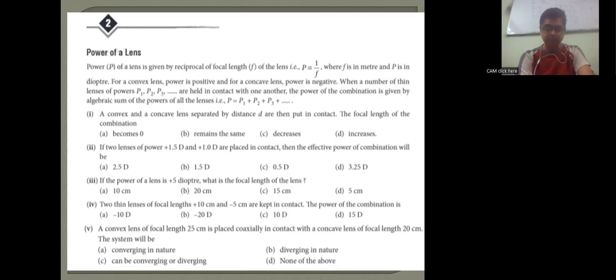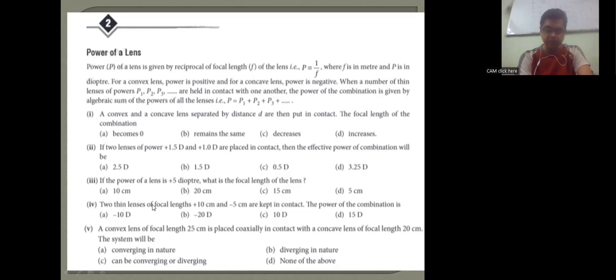आंसर्स कर सकते हैं। A convex and a concave lens separated by a distance d are then put in contact. The focal length of the combination will be. Second, if two lenses of power 1.5 diopter and 1 diopter are placed in contact, then the effective power will be. Third, if power of the lens is plus 5 diopter, what is the focal length of the lens?